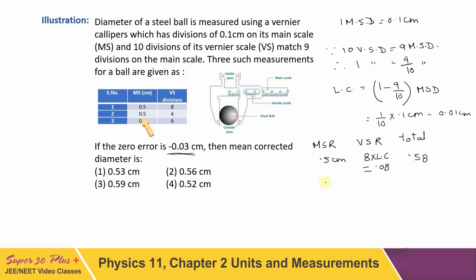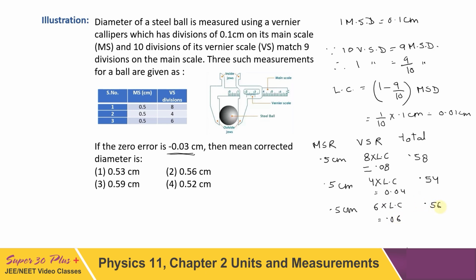Next reading is 0.5. And this time the vernier scale division is 4. So 4 into least count, which is 0.04. If you add these two, this will be 0.54. Third reading is 0.5 centimeter. Again the vernier scale reading is 6 into least count, that is 0.06, and the total is 0.56.